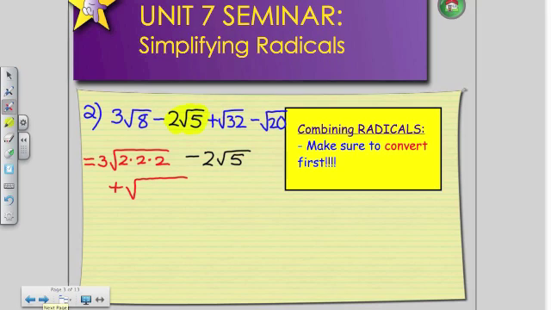Now root 32. What 2 numbers multiply to 32? Yeah, 4 and 8. So I know that 4 breaks down into 2 times 2. 8 breaks down into 2 times 2 times 2. So we've broken up the root 32 now.